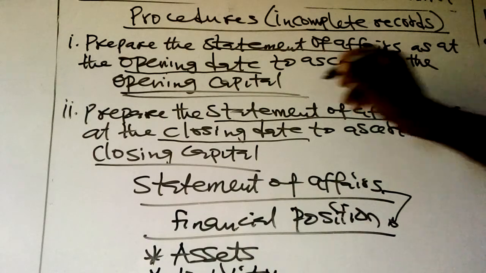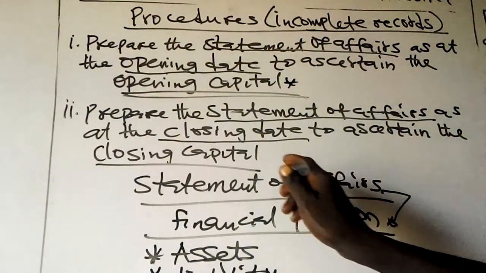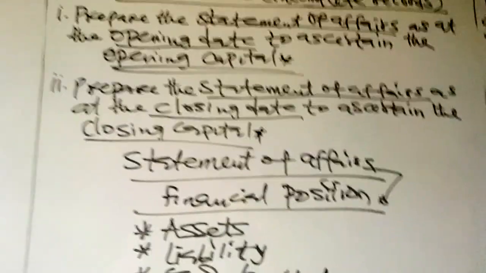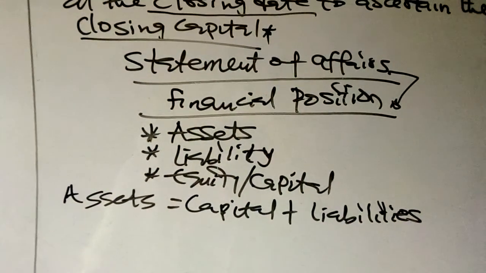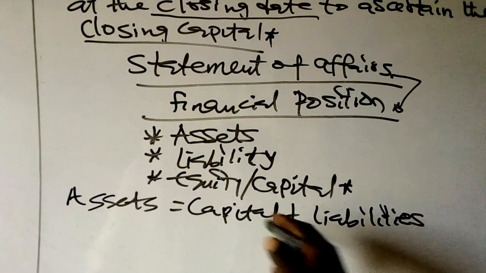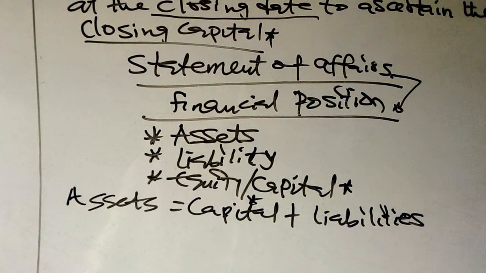The first one to ascertain the opening capital, the second one to ascertain the closing capital. So in your statement of affairs, you want to ascertain your capital or your equity.